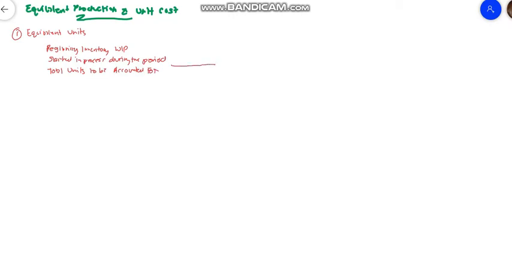Okay, so the second one would be on those that are transferred to the finishing department, so that's to FG, and the ending inventory of work in process.